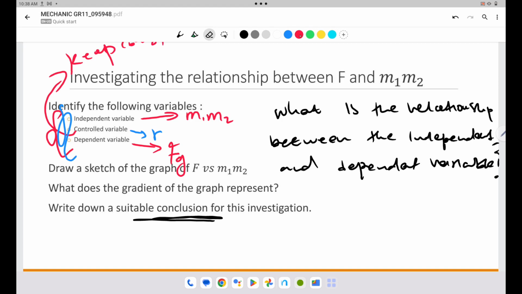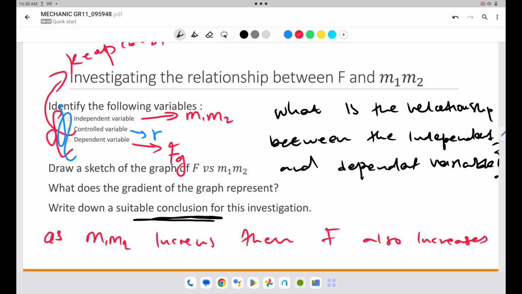For example, let us say you wanted to write it in terms of increase and decrease. You can say, as the product of M1 and M2 increases, then F also increases.